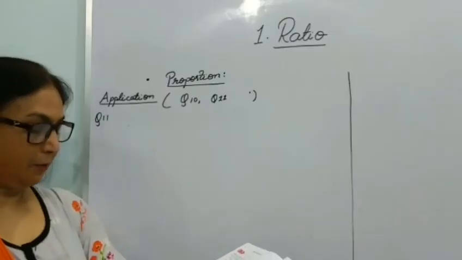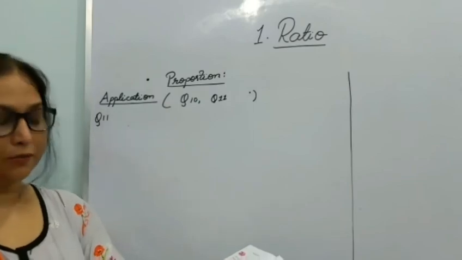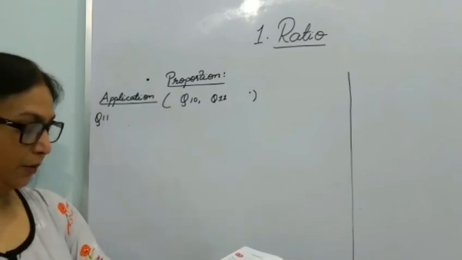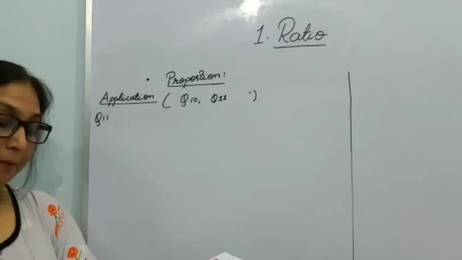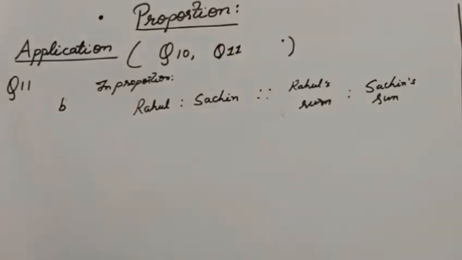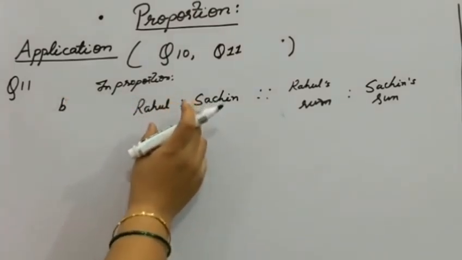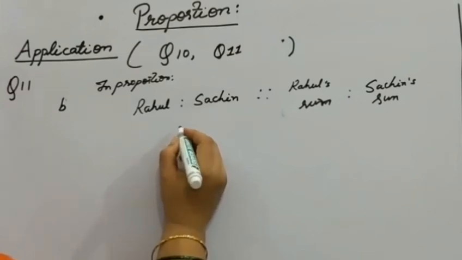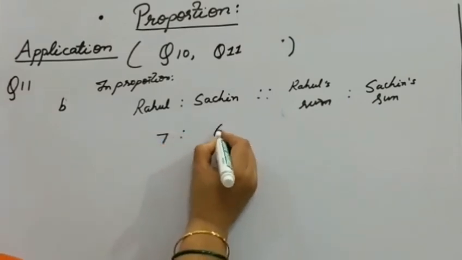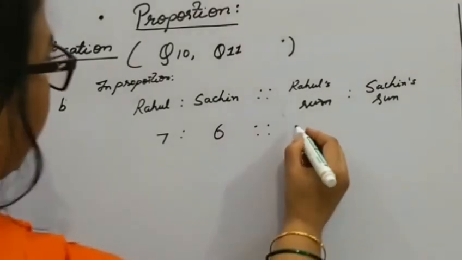Question number 11, b part. The ratio of runs scored by Rahul and Sachin in a match is 7:6. If Rahul scored 140 runs, find the runs scored by Sachin in the match. Solution: in proportion, Rahul is to Sachin in the ratio 7:6 as the runs scored by Rahul, 140, is to x.